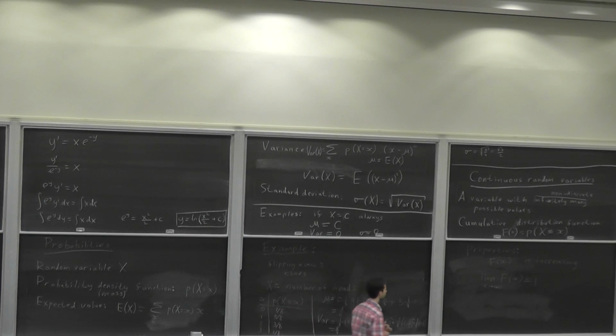And also another property: as you make your variable smaller and smaller, more and more negative, the probability that you get an outcome which is really, really large and negative should be close to 0.